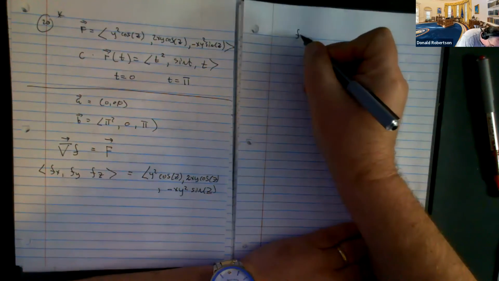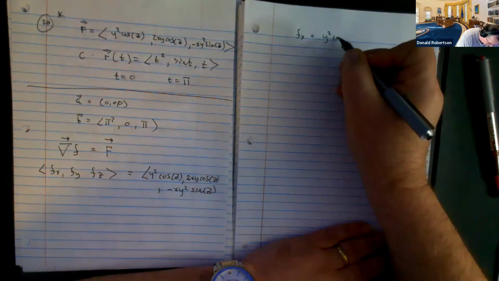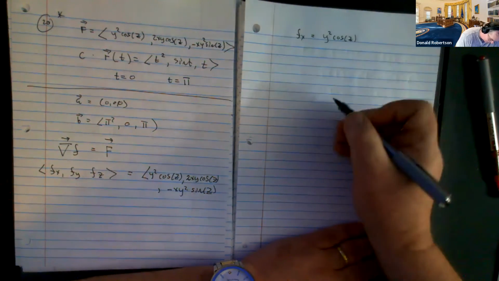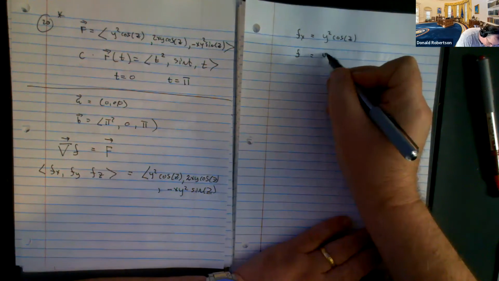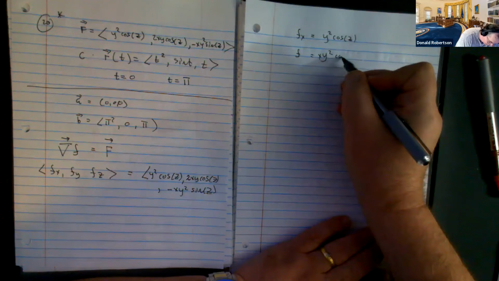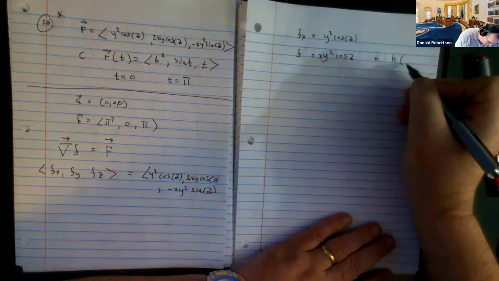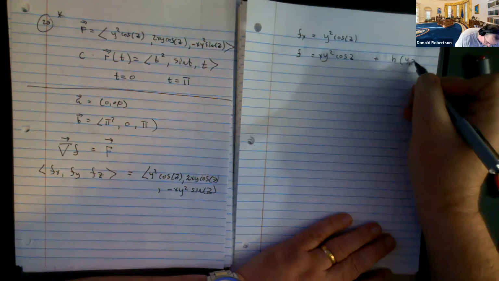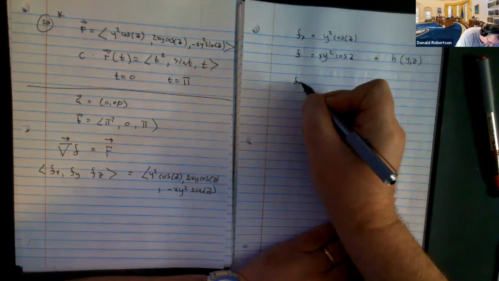Start with the x's, and that's y squared cosine z. So that makes f equal to xy squared cosine z plus some function that doesn't have x's in it. So that's my placeholder function. Then I'll move on to the second one.